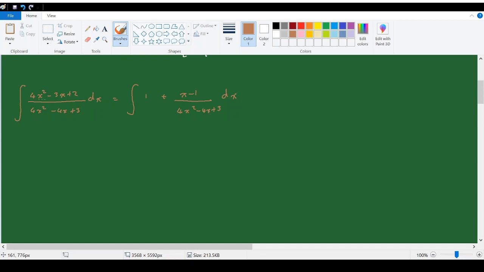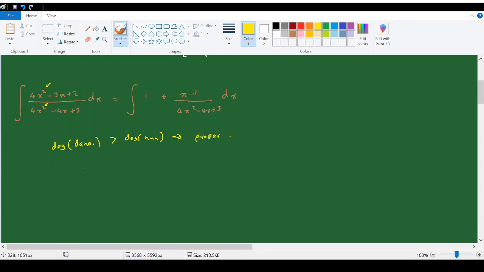The next example will be the improper fraction, this one. Now see here, the degree of the denominator and the degree of the numerator are the same, okay, but still we call it an improper fraction, okay? If the degree of the denominator is greater than the degree of the numerator, we call it a proper fraction, okay?